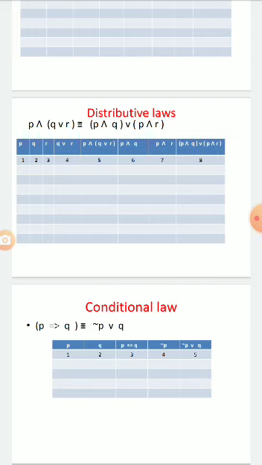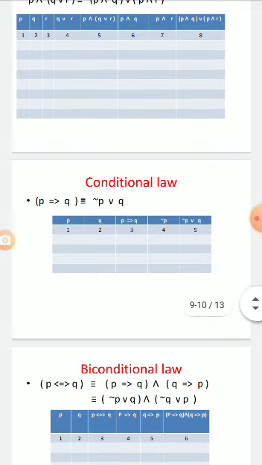Conditional laws: P implies Q is equivalent to negation of P or Q. This is very useful because the implication statement, or conditional statement, can be easily written by using the logical connective or. P implies Q means P is the hypothesis, Q is the conclusion.